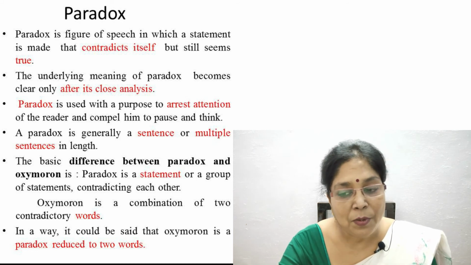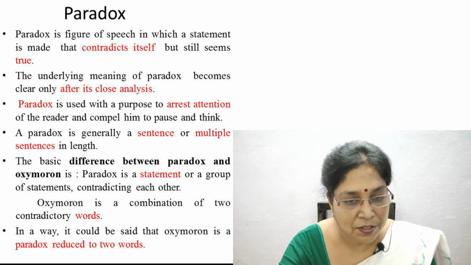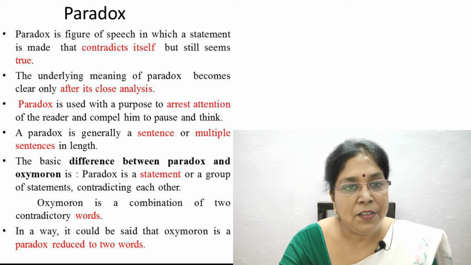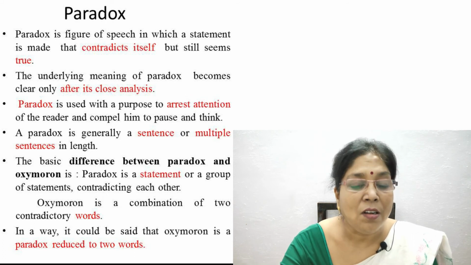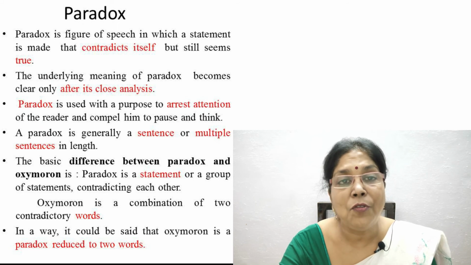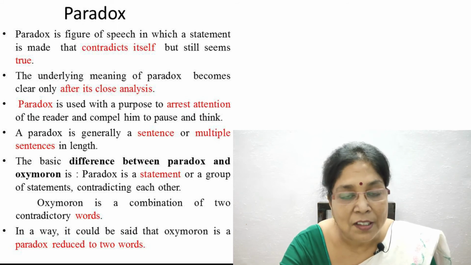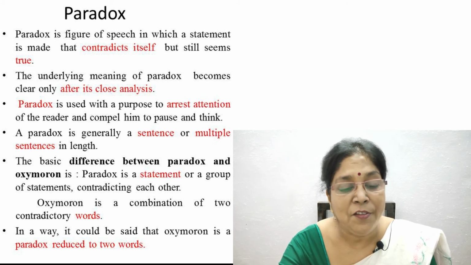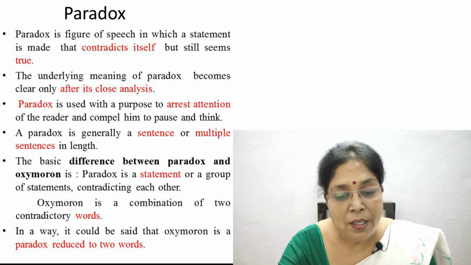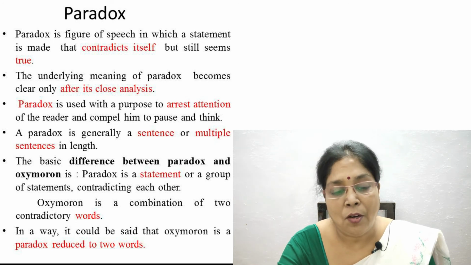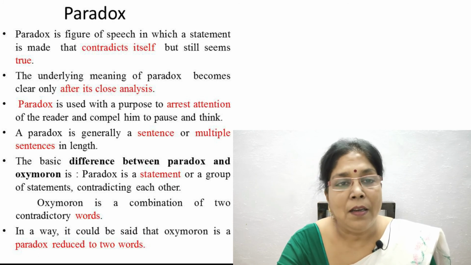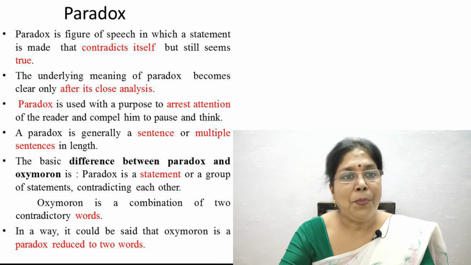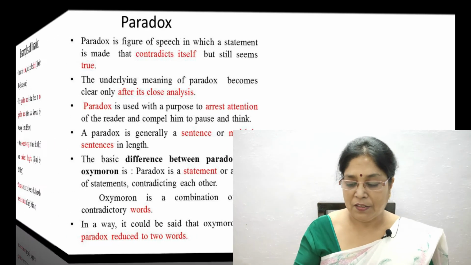The basic difference between paradox and oxymoron is that paradox is a statement or a group of statements contradicting each other, while oxymoron is a combination of two contradictory words. There is no statement, these are merely words. In a way, it could be said that oxymoron is a paradox reduced to two words. Oxymoron is also a kind of paradox, but in oxymoron, the paradox is limited merely to two words.